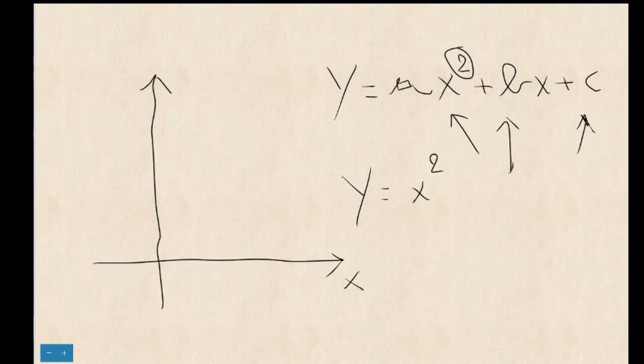Okay, let's suppose this is the scale, which is 1, 2, and so on. So here we would have -1, -2, the same here.